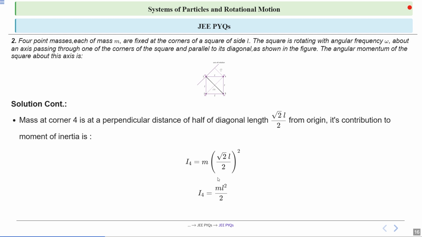Solving this, you get I4 equal to m L square divided by 2. Clear?